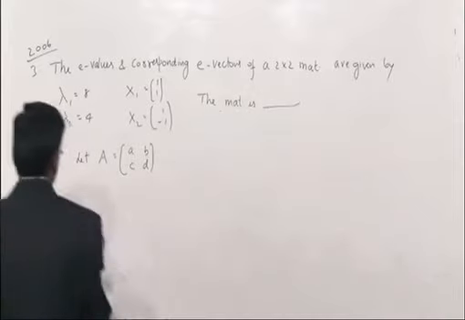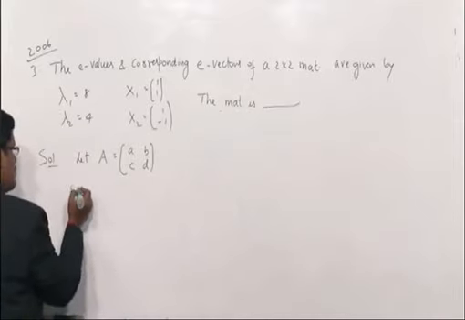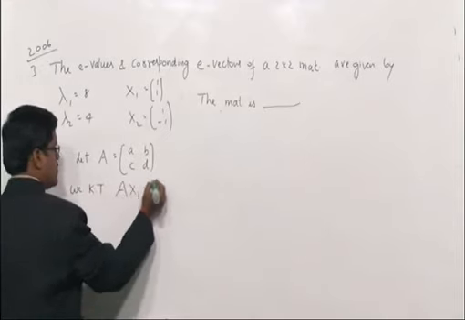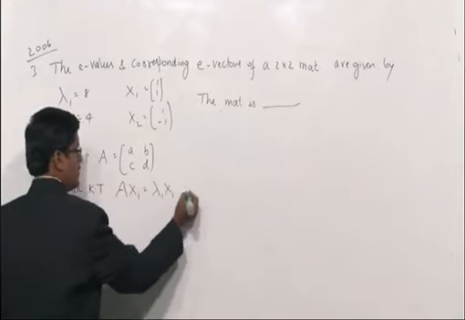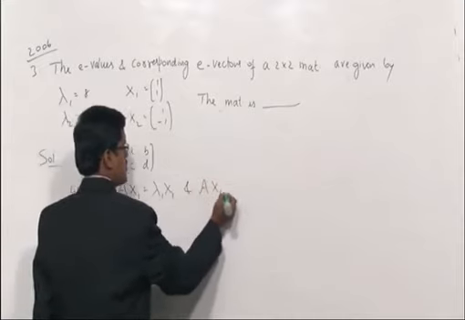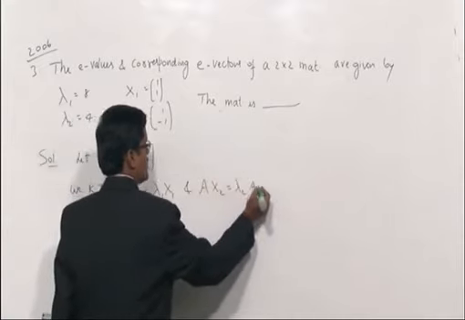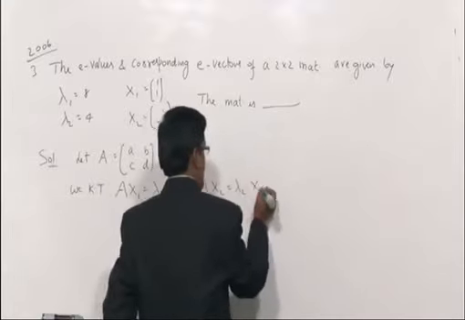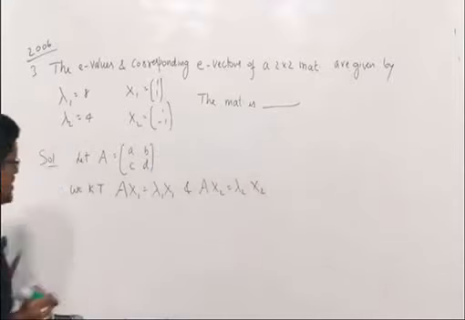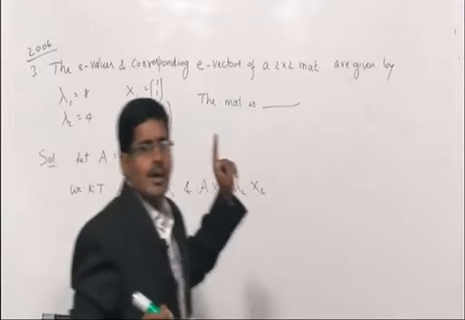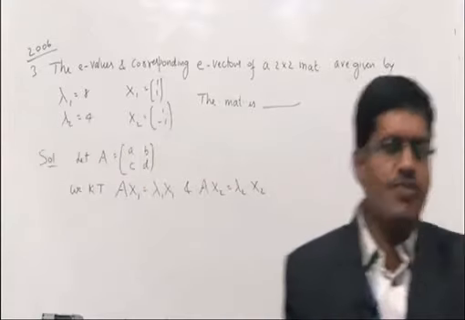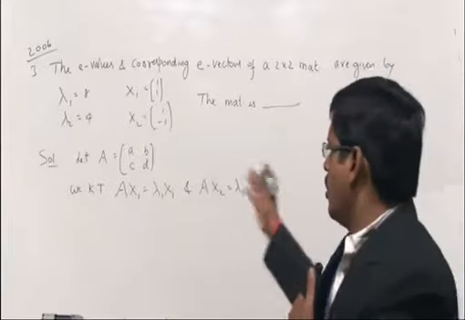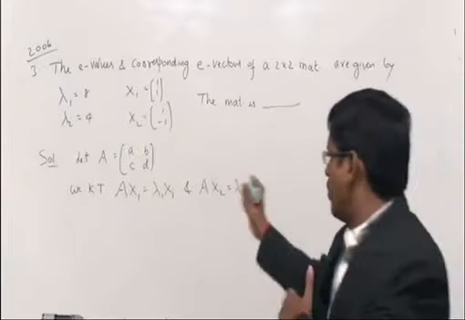Now, we know that A x1 is equal to lambda 1 x1 and A x2 is equal to lambda 2 x2. Why have I taken this notation? Because eigenvectors are already given, and eigenvalues are also given. In such cases, don't use the procedure for finding an eigenvector. Don't take that formula (A minus lambda I) into x equal to 0, because then you would reduce it again to this same step.